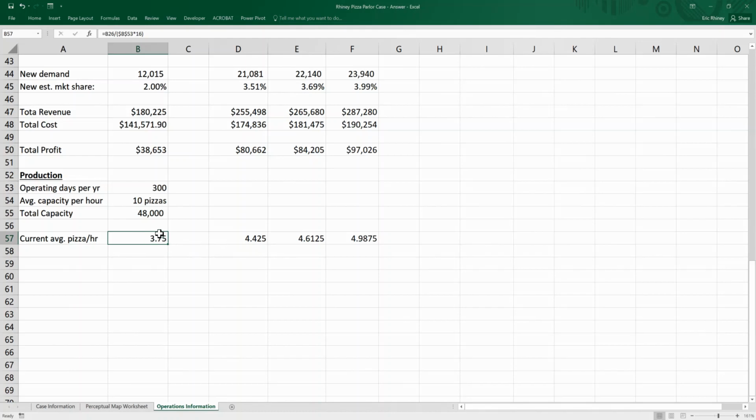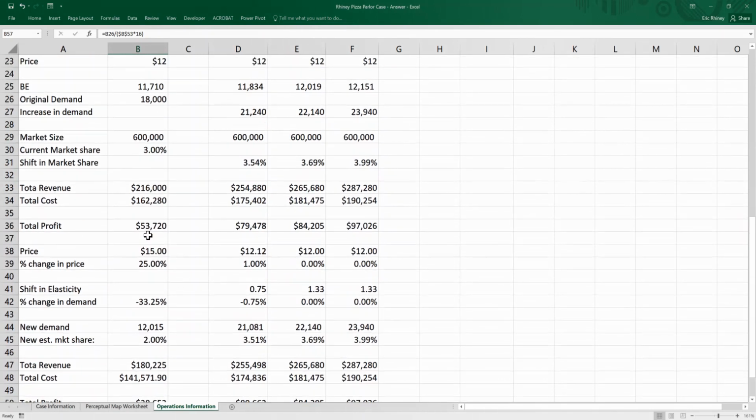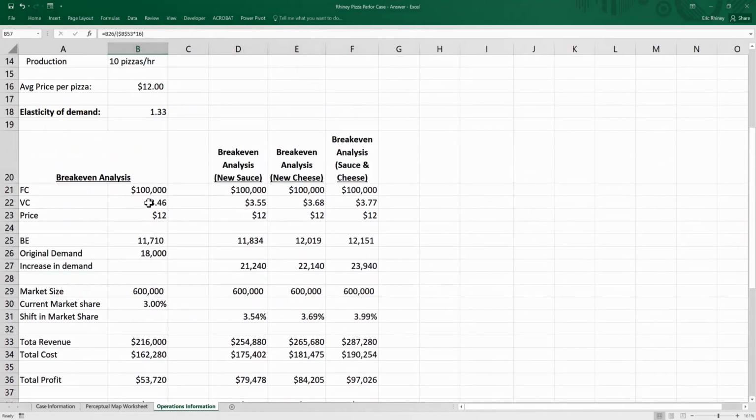However, if we were to use this as our average per hour in calculating our variable cost instead of the 10 pizzas that we used up here, so I used 10 here, but I'm going to use 3.75. Wow, our variable cost has really increased because we're not making that many pizzas and we're having to divide the cost of the workers per pizza, with fewer pizzas, only 4 compared to 10 pizzas.